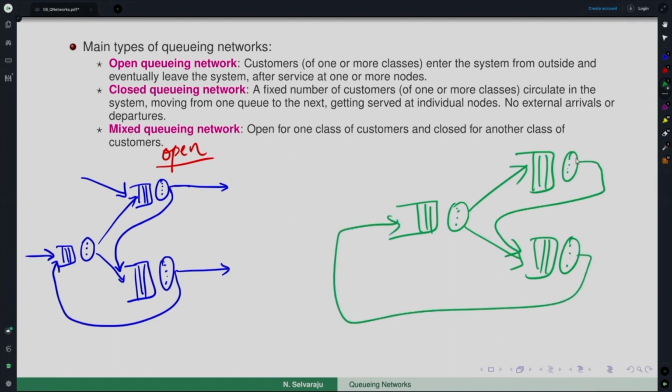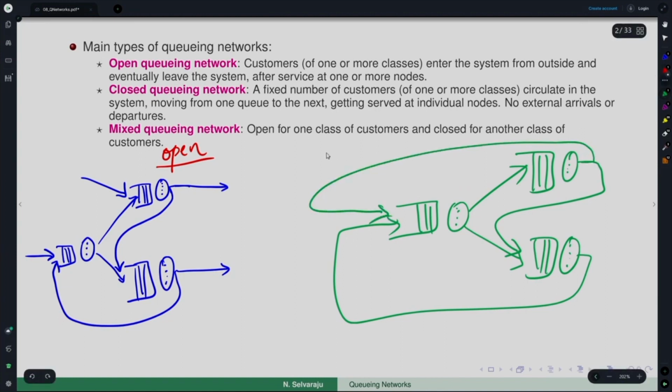This is one simple scenario, or from here it can also come here, for example. So this is what we call the closed queuing network type, a typical example of a closed queuing network.